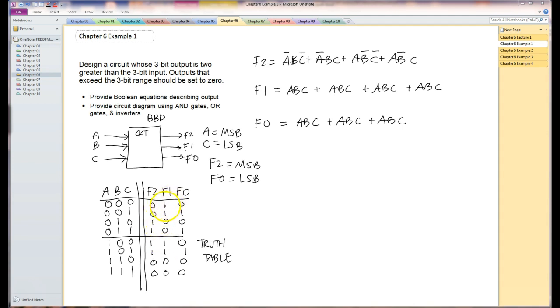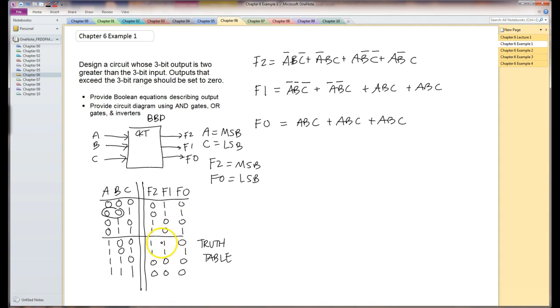Let's fill in F1 here. In the first one, all 3 of the input variables are complemented. For the second one, A and B are complemented, so these 2 zeros are what make me complement those 2 terms. What else do we have?